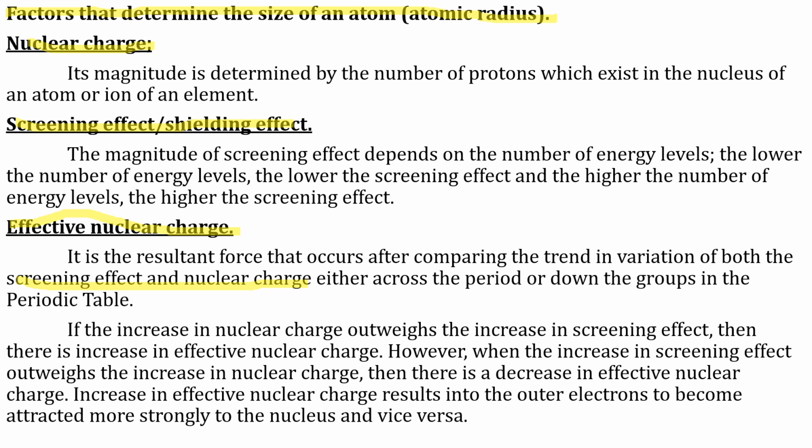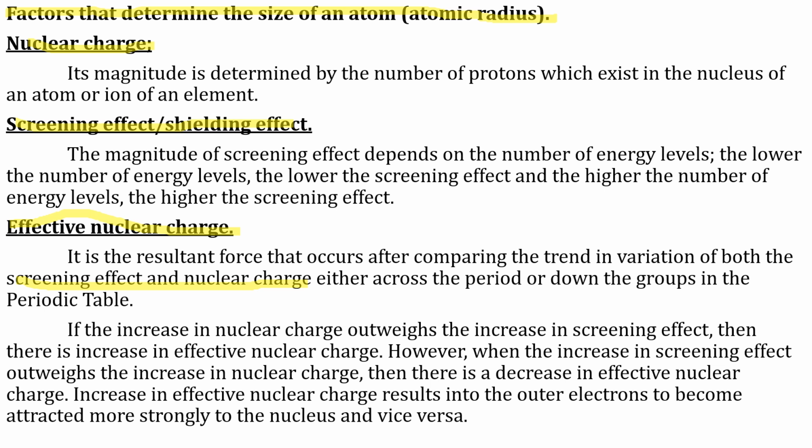Now we are saying that if the increase in nuclear charge outweighs the increase in screening effect, like I already said earlier, effective nuclear charge is going to increase, because effective nuclear charge is the resultant positive charge on the nucleus in the atom. So if the number of protons increases, we expect an overall increase in effective nuclear charge, opposite to screening effect increasing.